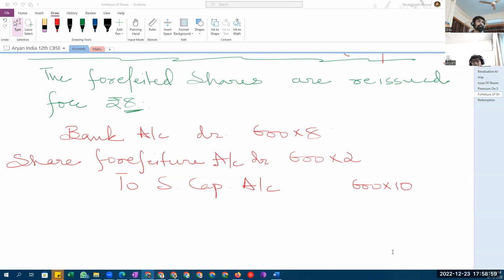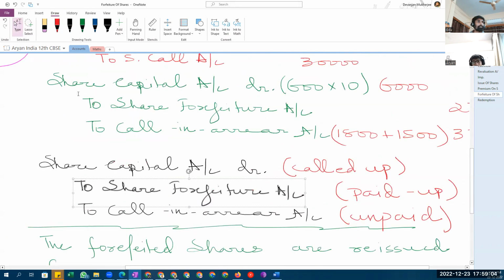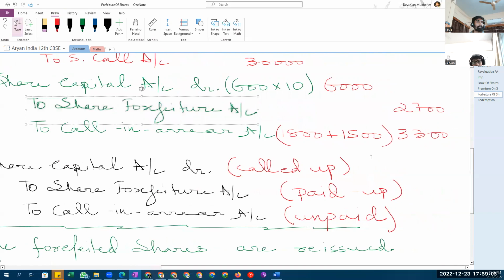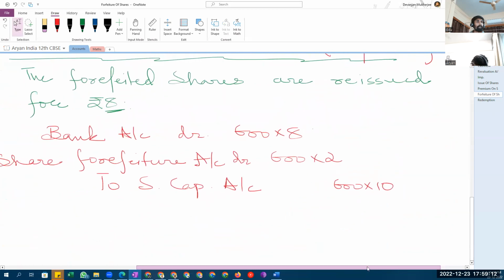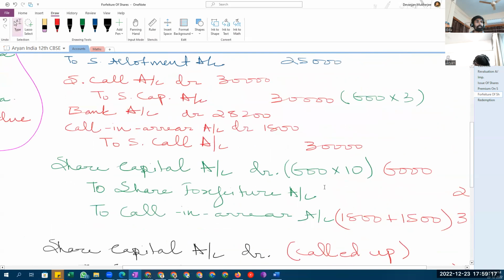What we do is that the money that is there in the share forfeiture account, how much money was there? 2,700, right? Out of that money, we are utilizing this much, because see, share forfeiture is a credit. When we forfeited the shares, the share forfeiture was credit.